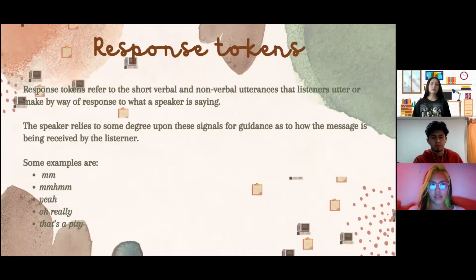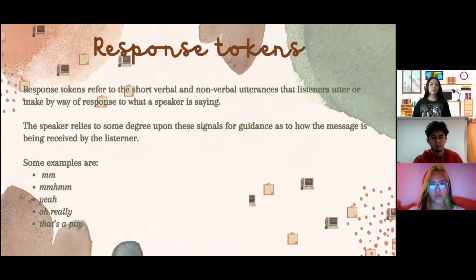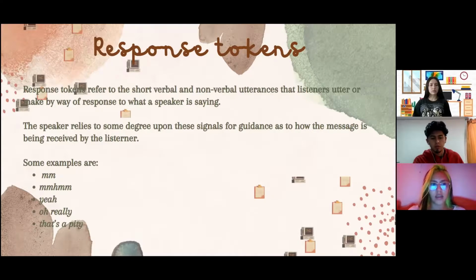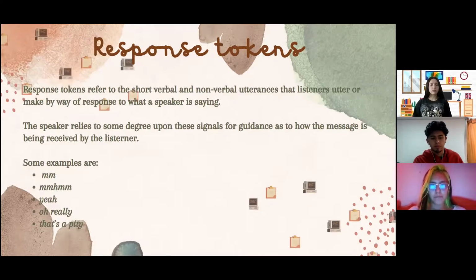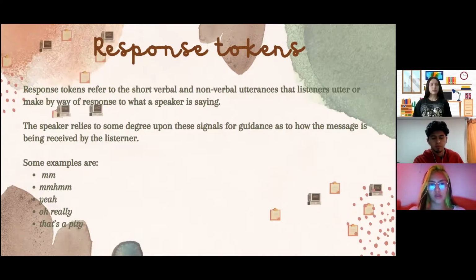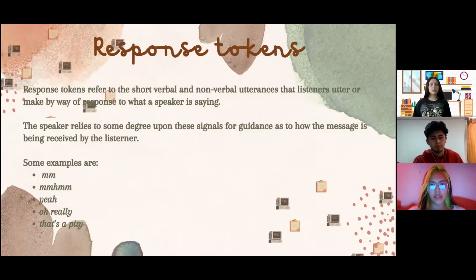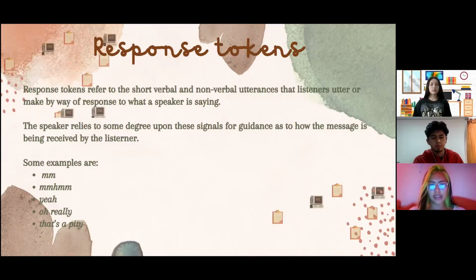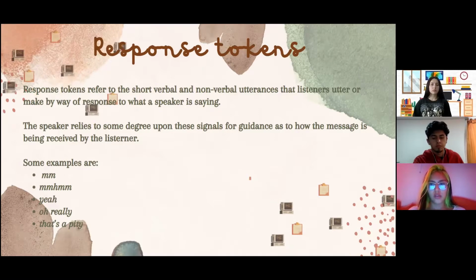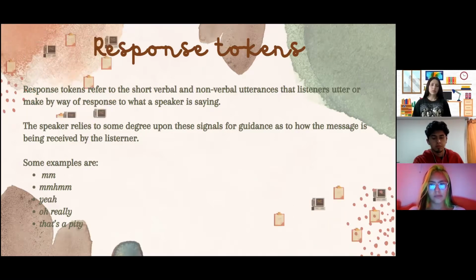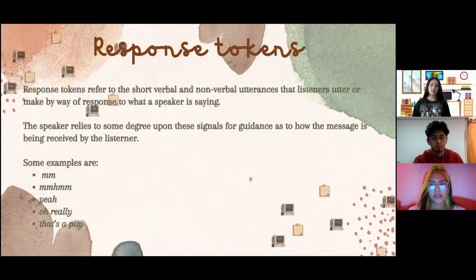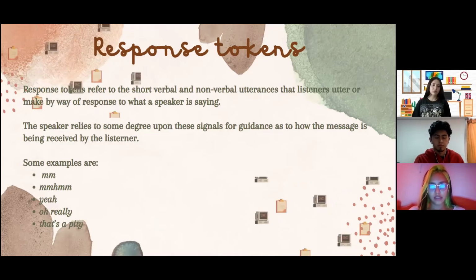The listener, by the way, responds to what the speaker is saying. The speaker relies to some degree upon these signals for guidance on how the message is being received by the listeners.